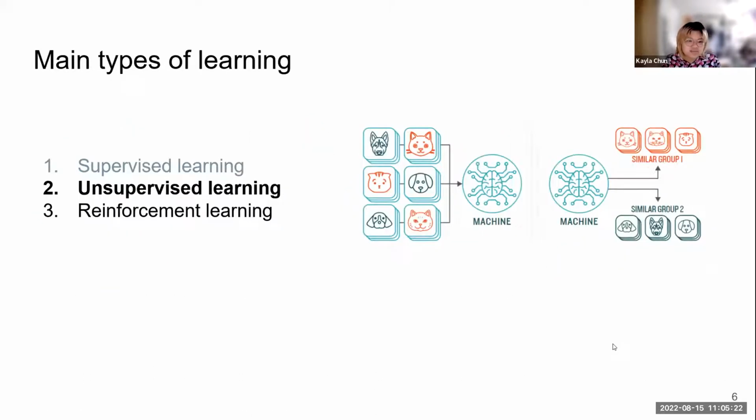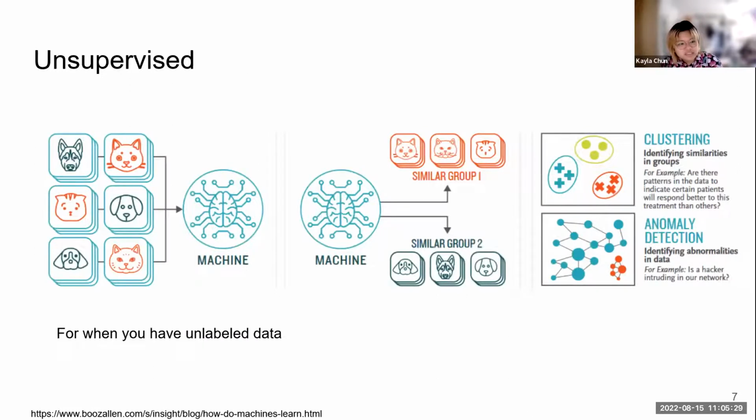So next we have unsupervised learning with the same cats and dogs. In this case, unsupervised learning is when you don't have labels. So here, none of these cats and dogs are labeled. We put them into our machine learning model, and the machine sorts out the images into groups. And they don't give us the names of those groups, they just cluster them.